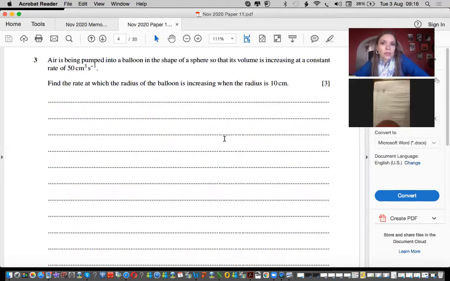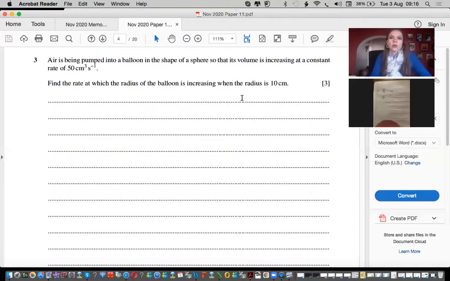So the volume is increasing at a constant rate of 50 centimeters cubed per second. Find the rate at which the radius of the balloon is increasing. So this is actually dr/dt, if you think about it. So dr/dt is equal to unknown. We're supposed to find that when the radius is 10.